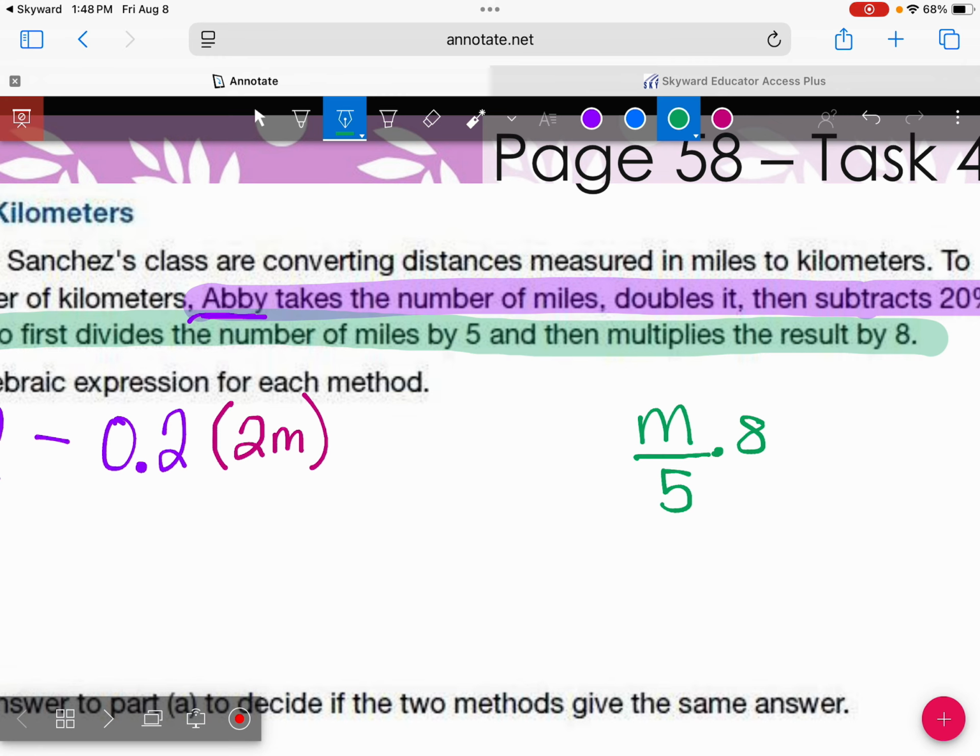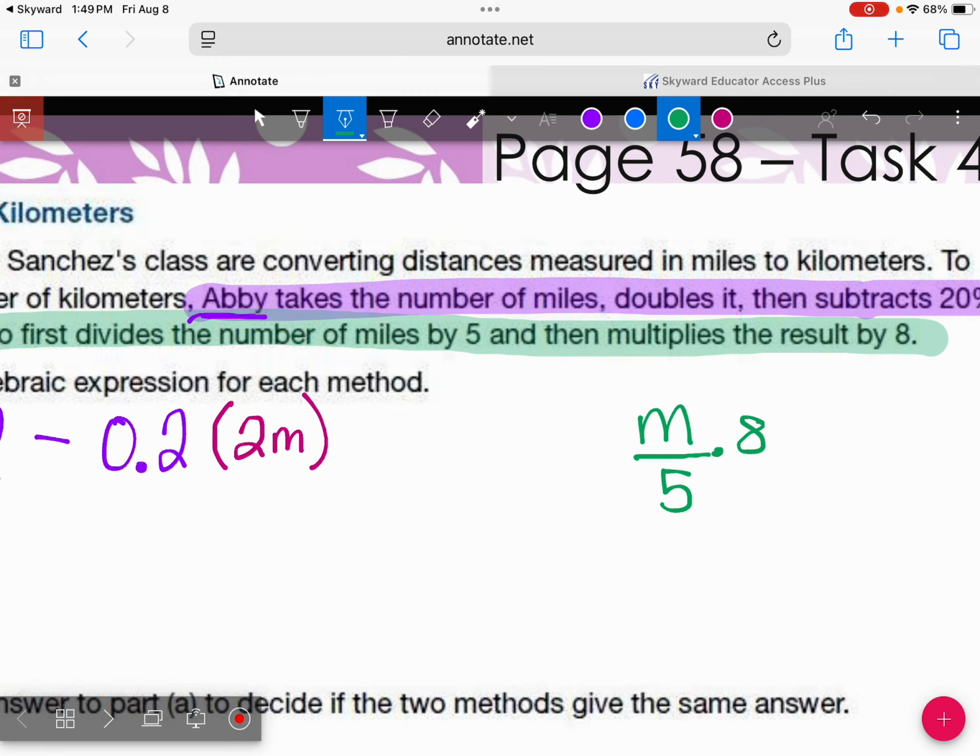I can scooch some things around because it doesn't matter what order we multiply, and multiplying and dividing are very, very similar. So these are the two expressions we get. And then we have to figure out if they're going to get the same answer. Well, we're not going to just substitute values in. I mean, we could, just to do a spot check. But that doesn't really prove anything.